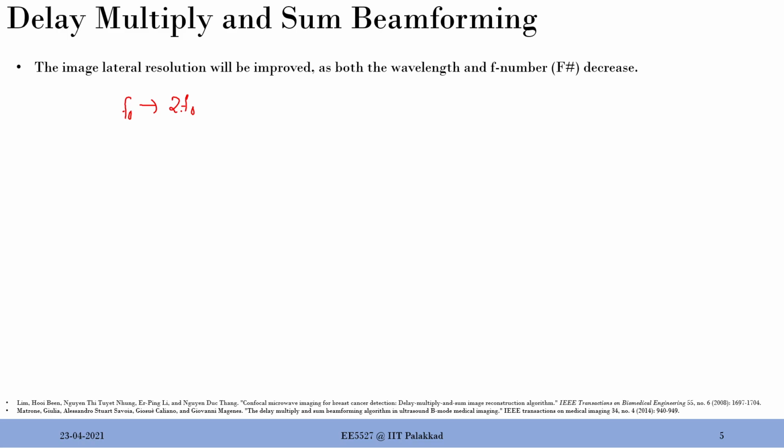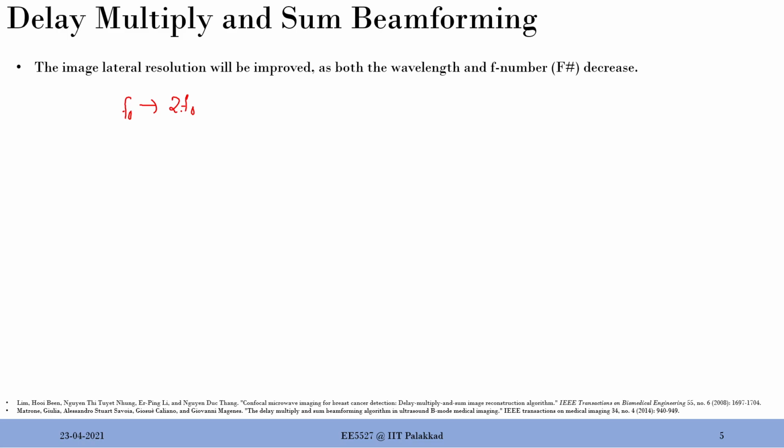Because you can imagine that the higher the frequency goes, it becomes tightly packed. So then that effective Q factor will not change much. That means the axial resolution is not going to change, but lateral resolution, because the wavelength has reduced, is going to improve in the lateral direction, because the bandwidth is not going to affect the lateral direction. It is just dependent on the wavelength, right?